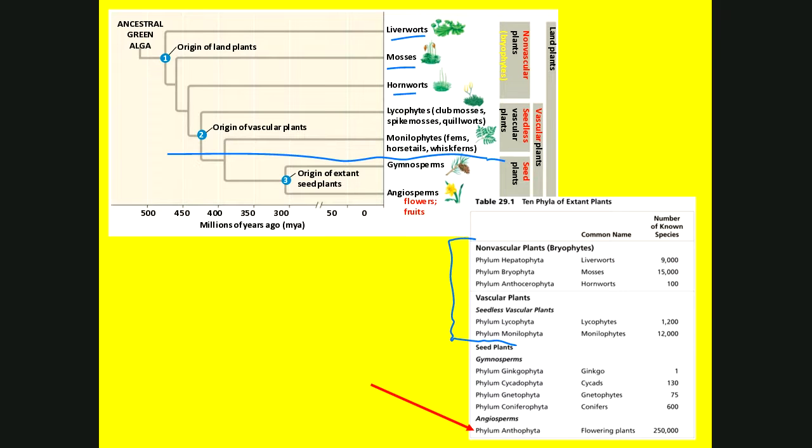Notice the red text: we have non-vascular plants and vascular plants, and within that, seedless vascular plants and seed plants. So we see this gradual evolutionary change occurring among these plants.